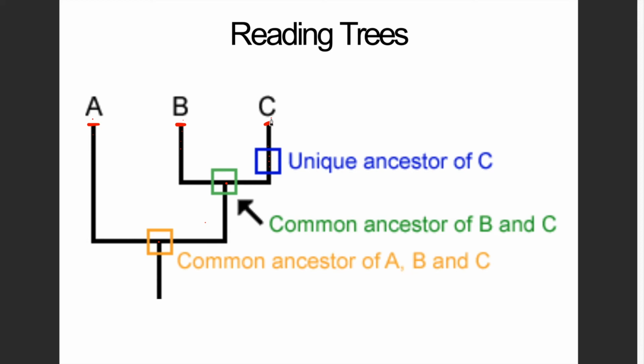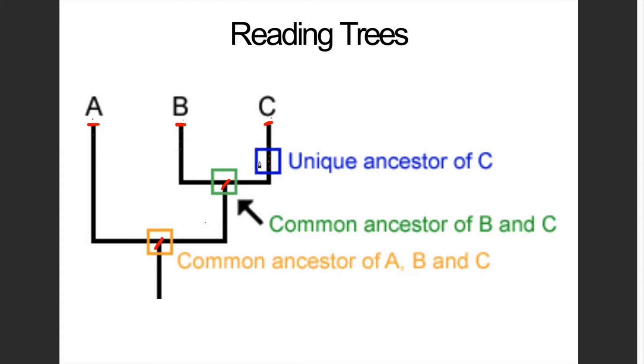Those represent your extant taxa, the taxa that you are studying at the moment. And we also have what we call the internal nodes. When we talk about the internal nodes, we are looking at the nodes right here and right here. Those are your internal nodes.